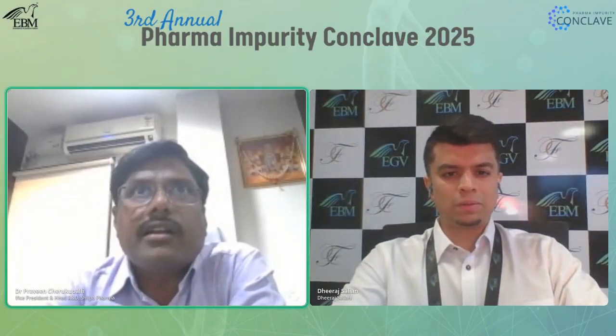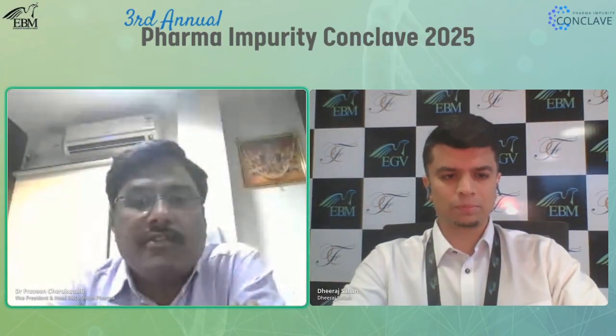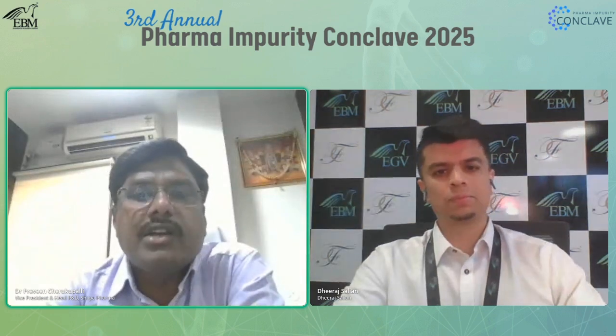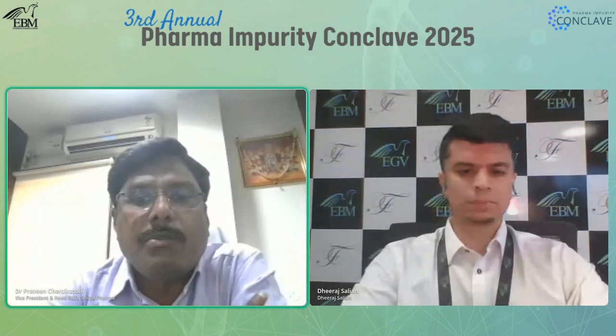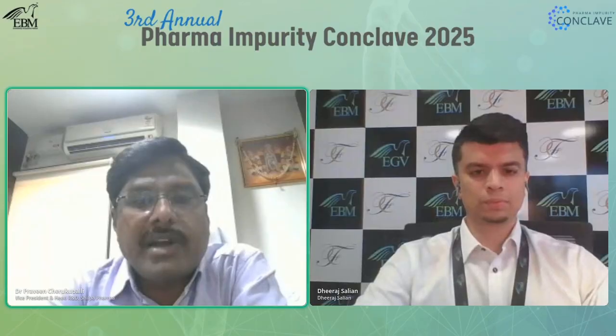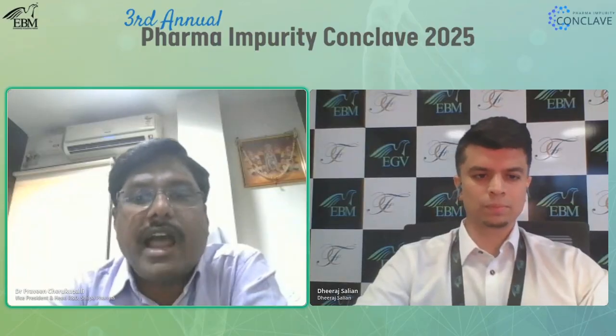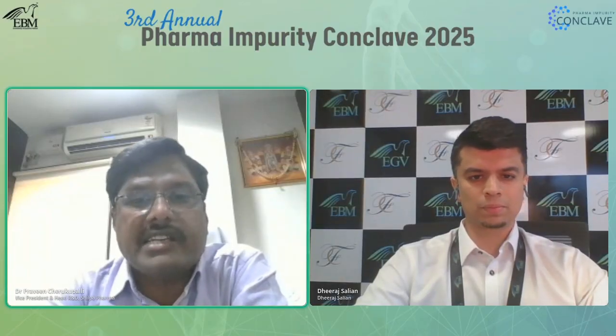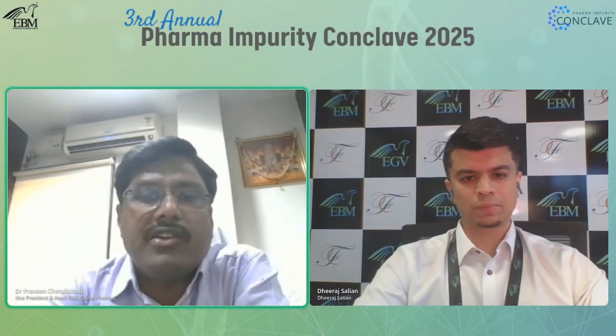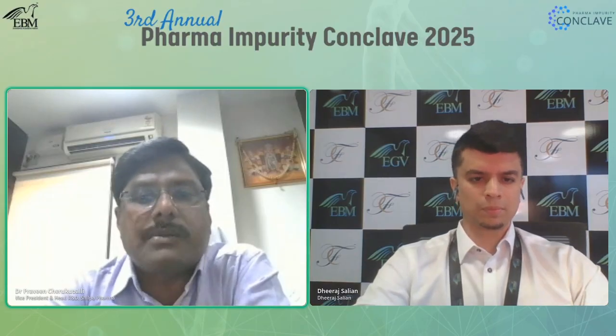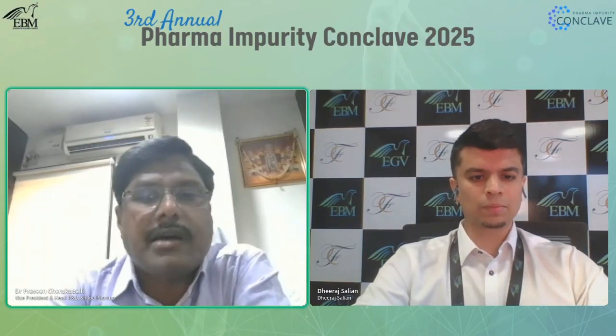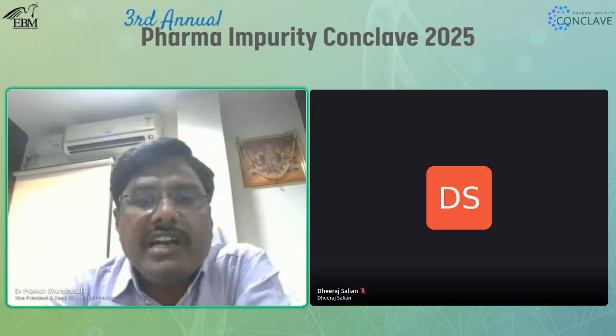For any nitrosamine formation, you should have two components. One is a secondary amine or tertiary amine, and another is the nitrating agent. One is available in your drug substance, that is the secondary amine or tertiary amine, which you can't avoid.